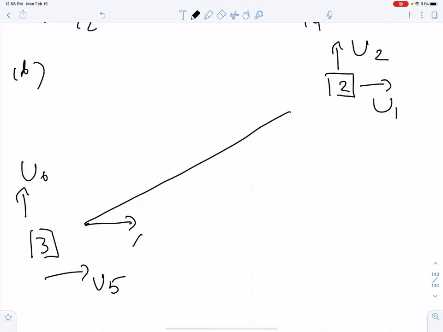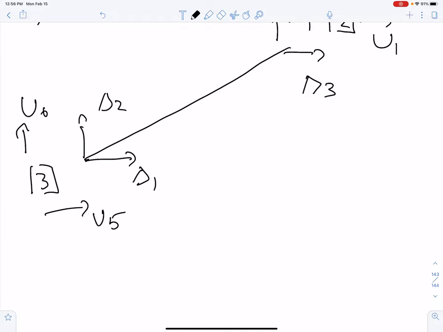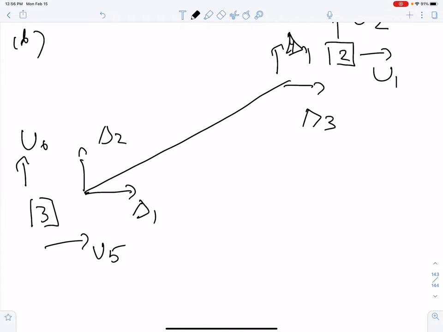And locally, it's still delta 1, delta 2, delta 3, and delta 4, like this. So then, what's the ID? ID of element B equals 2.